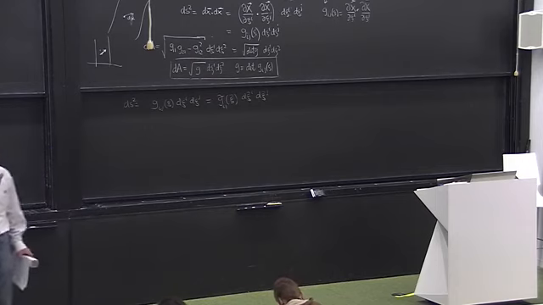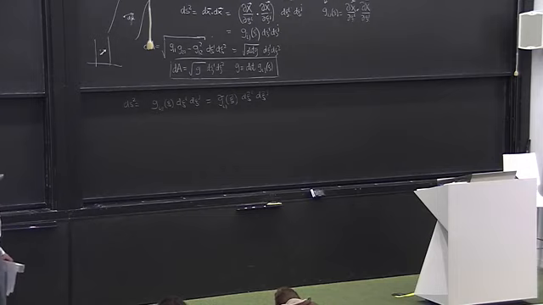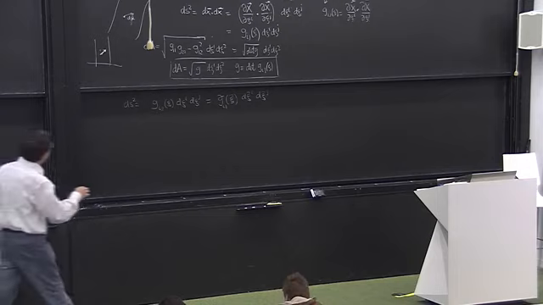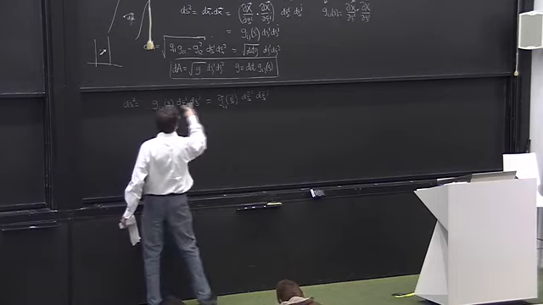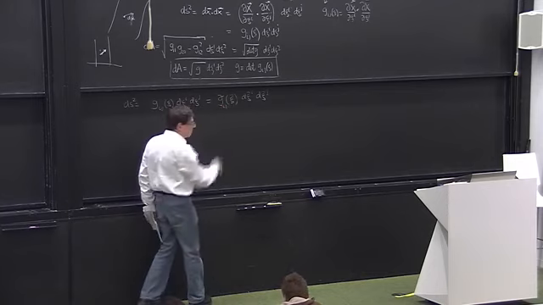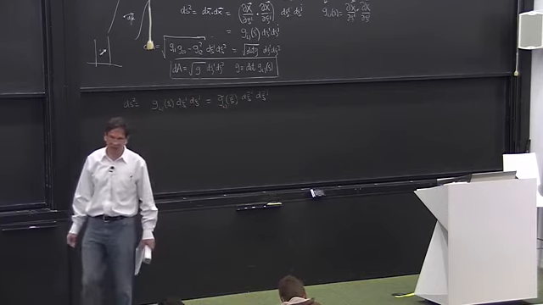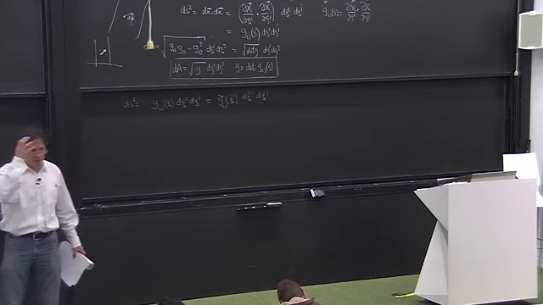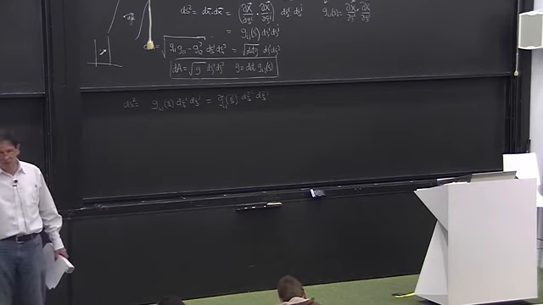For any given thing that you're looking at, you must have the same length. So this is how metrics should transform. This is something you've learned, actually, in general relativity.